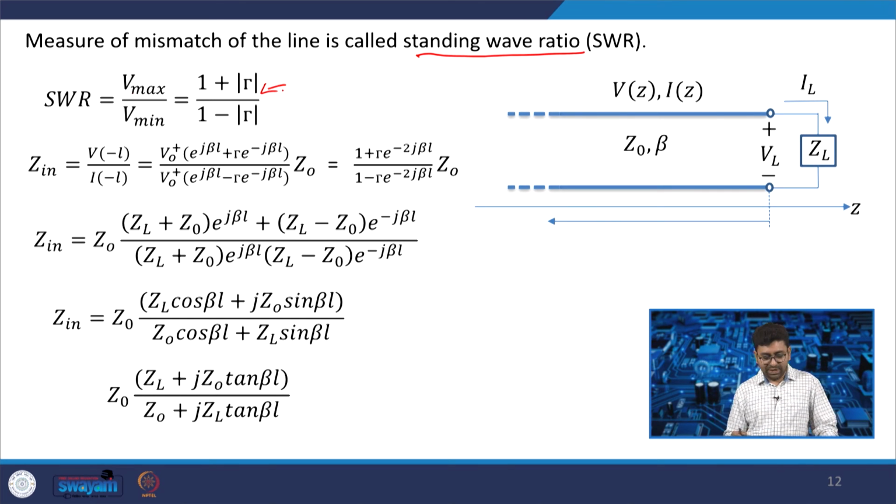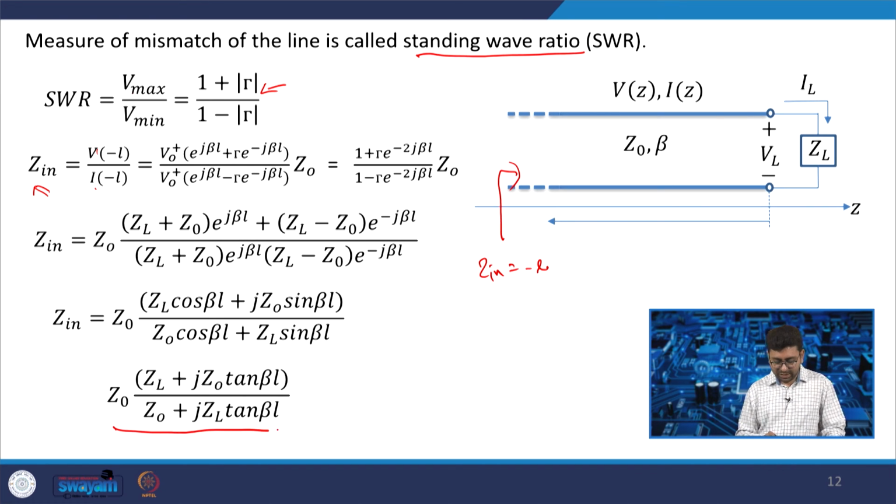Now, we try to find the input impedance Zin based on the voltage and current equations. If you work it out and find the impedance Zin at a distance of minus L, you will get Zin equal to Z0 times (ZL plus j Z0 tan beta L) by (Z0 plus j ZL tan beta L).